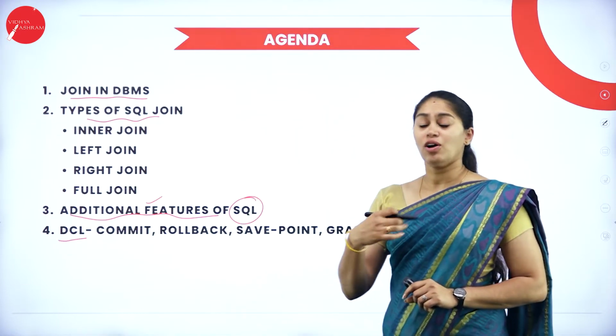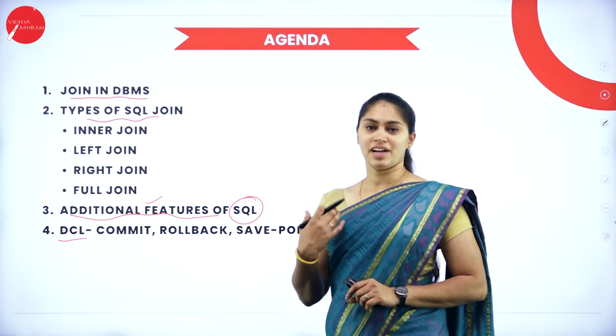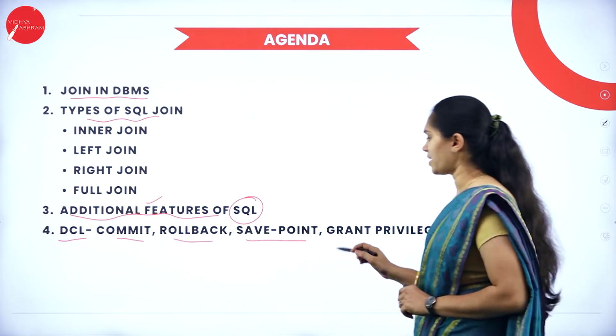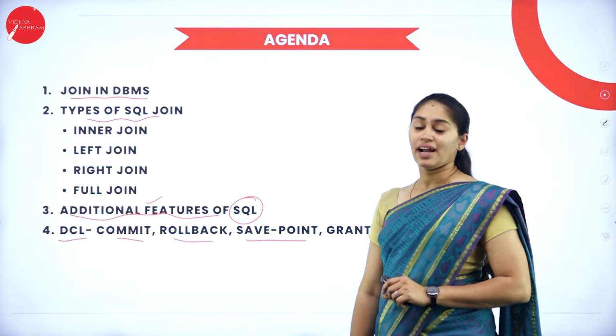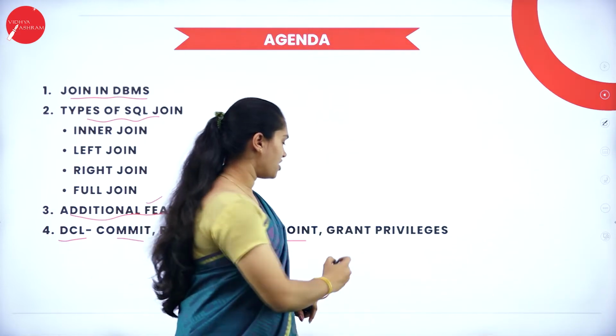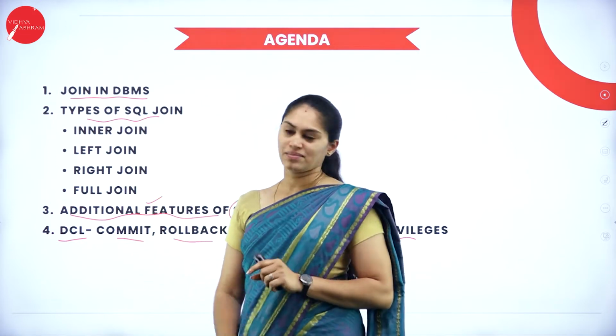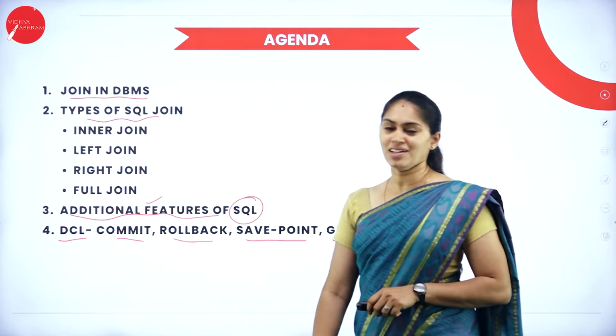In that, we'll see how the transaction of data is controlled with the help of COMMIT, ROLLBACK, and also SAVEPOINT. At last we have GRANT privileges as the last topic of chapter 2 of Unit 3. That is what we are going to discuss in today's session.